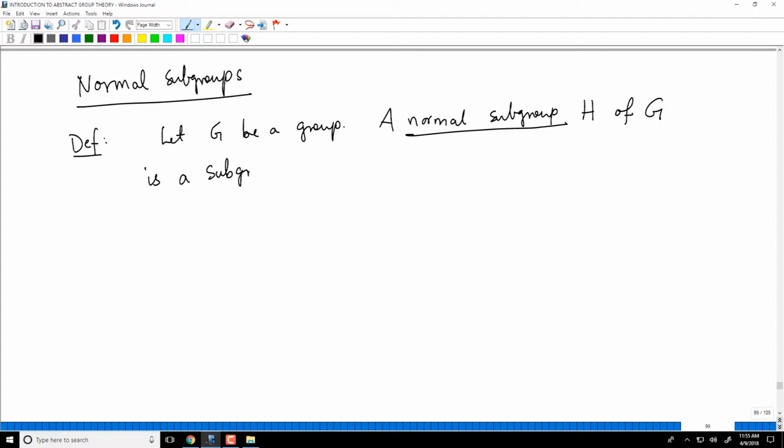So I'm putting an adjective before subgroup. It's normal subgroup. So it first must be a subgroup and it must satisfy more conditions.